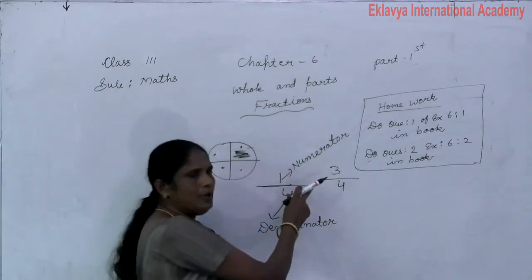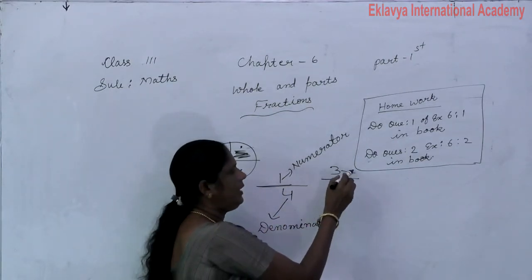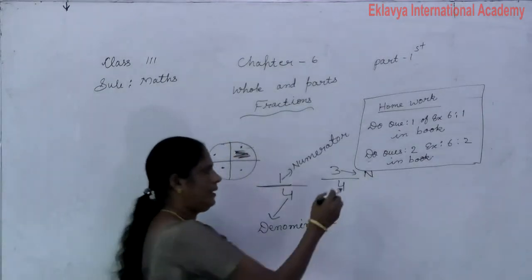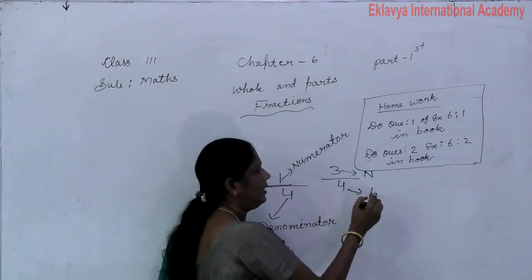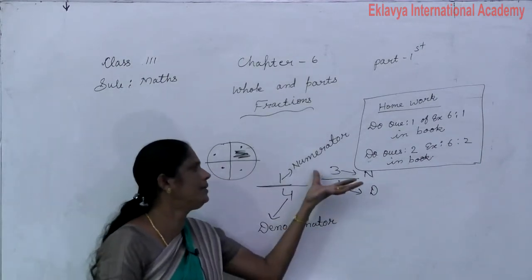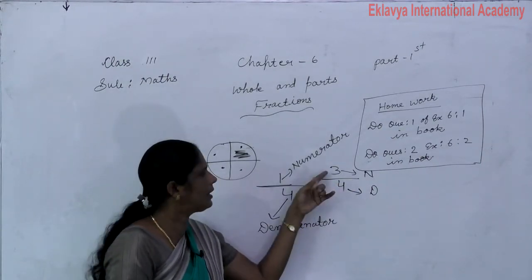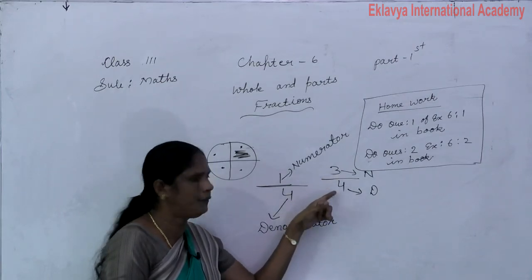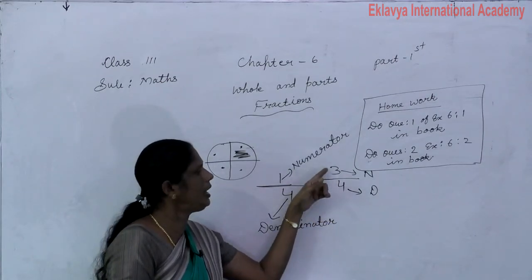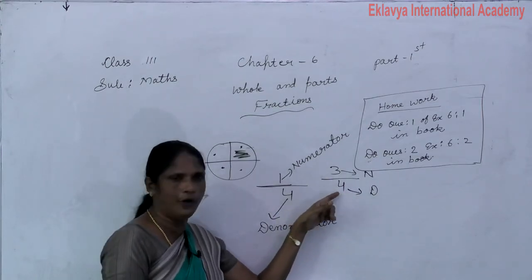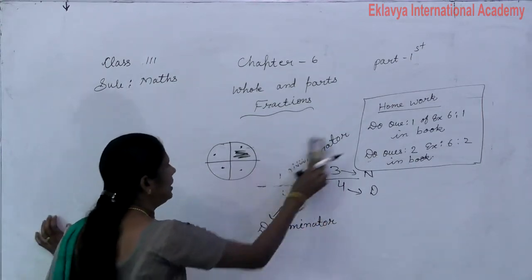Now, which is the numerator here? 3 is the numerator, then here 4 is the denominator. How to read this number? 3/4. Another example.